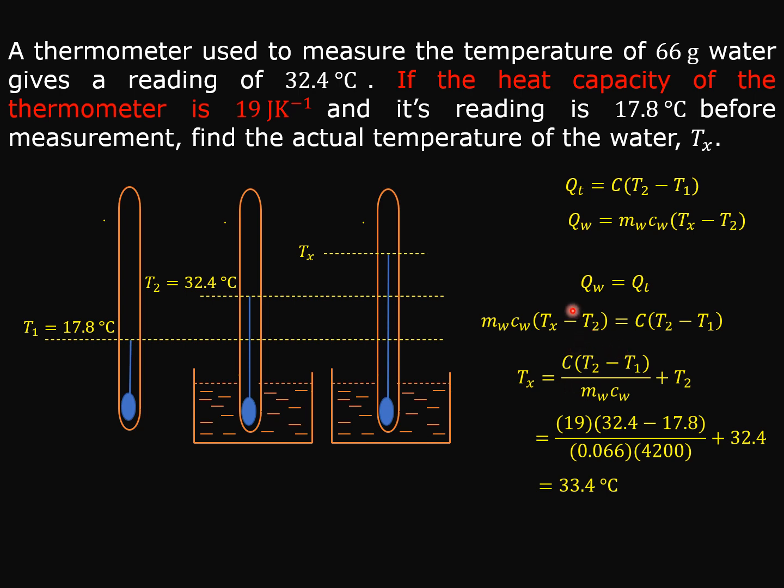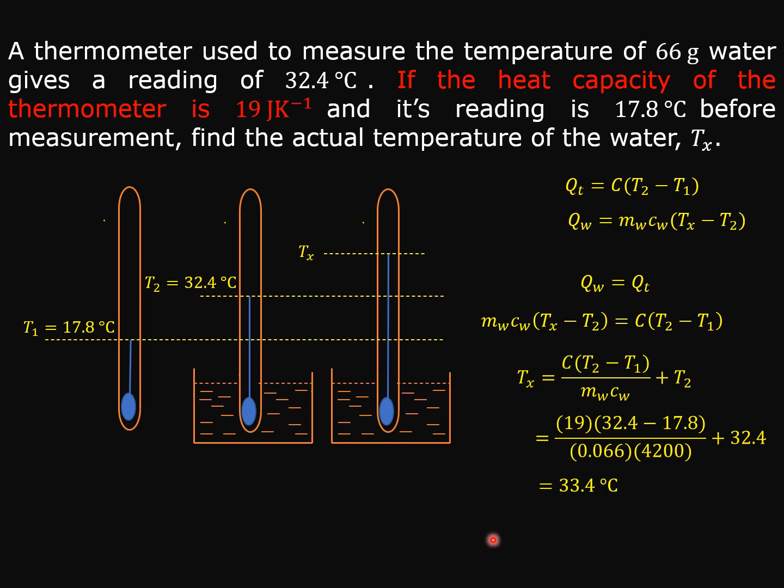Since we want to find Tx, the actual temperature of the water, after the thermometer is in thermal equilibrium with the water, we make Tx the subject of these expressions.